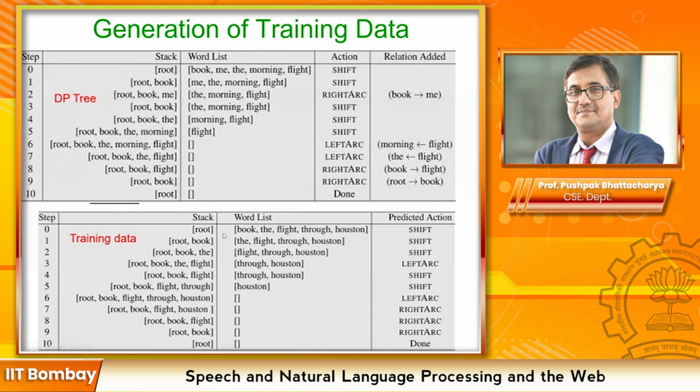Now, how does it operate? So, book the flight through Houston. It is a supervised learning situation. Book the flight through Houston is a raw sentence, and I also have the dependency parse for this sentence. So the way it would work is that since the dependency parse is already available, I know what action to take.